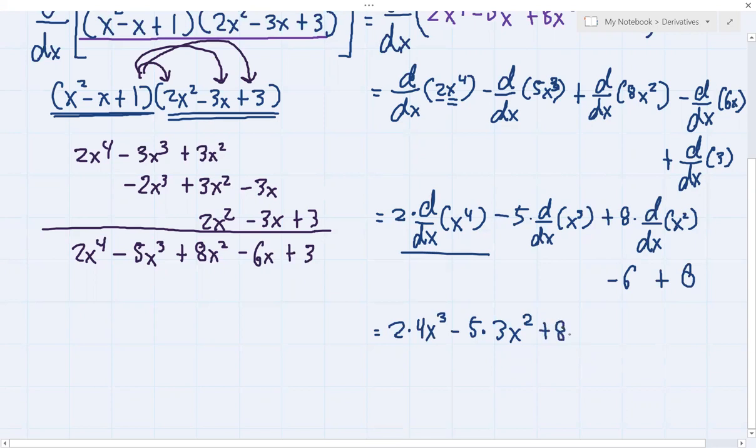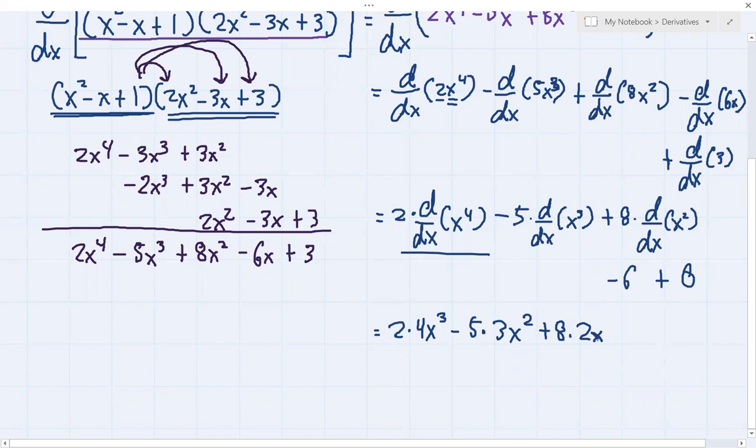Plus 8 times the derivative ng x squared, so magiging 2x raised to 2 minus 1, o magiging x lang siya, kasi 2 minus 1 is 1. Okay, so anything raised to 1 is just the answer for that is yung term niya mismo.